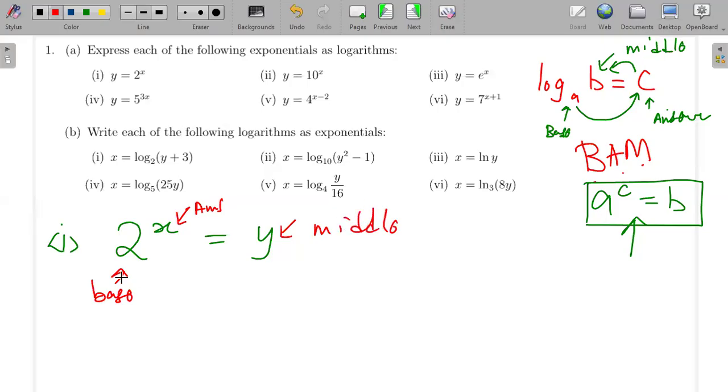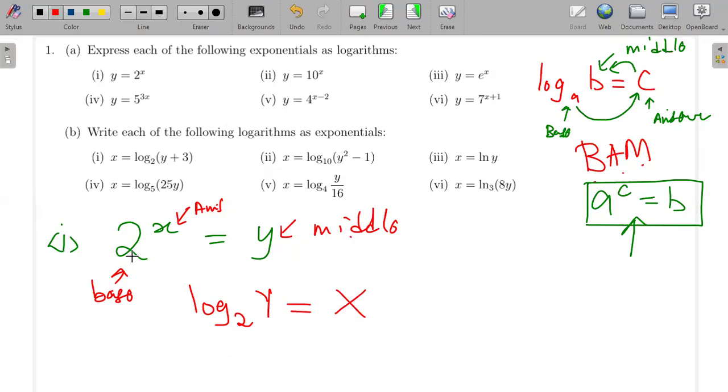So we follow: base to the power answer is equal to what is in the middle. It means when I change this to logarithmic form, the base is 2, and what is in the middle is y, which should be equal to the answer, which is x.